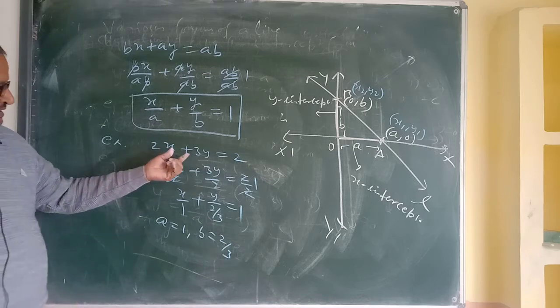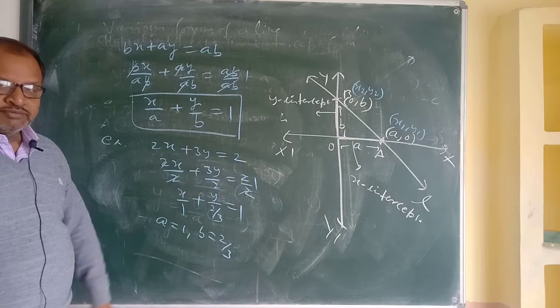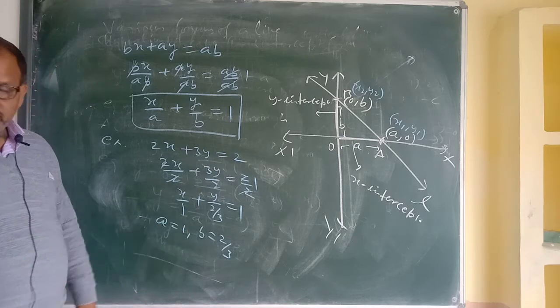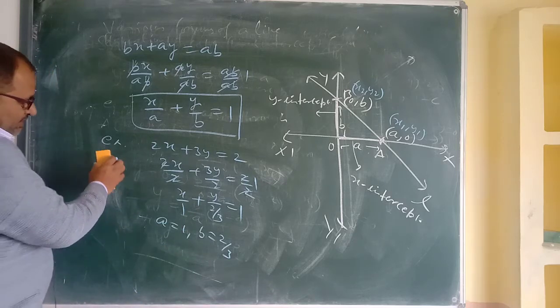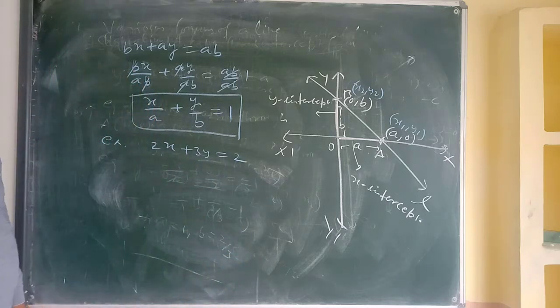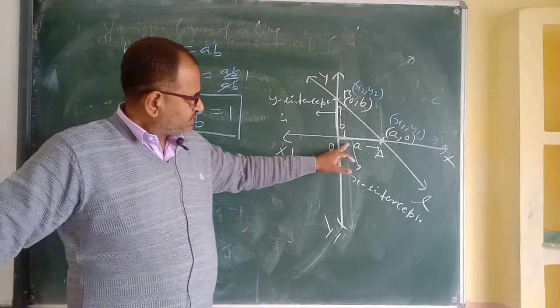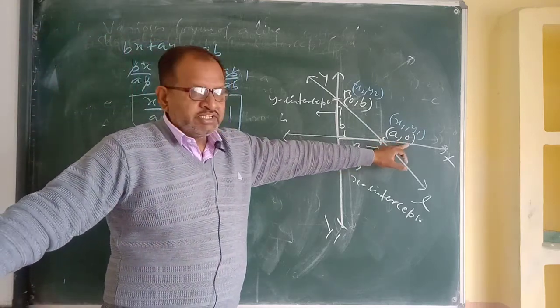So from any equation, we can find the x-intercept and y-intercept by this method. One more method is there to find the x-intercept and y-intercept. To find the x-intercept, what is the y component here? 0.